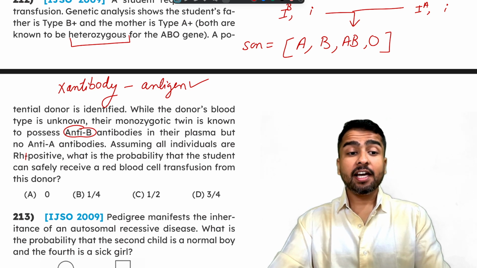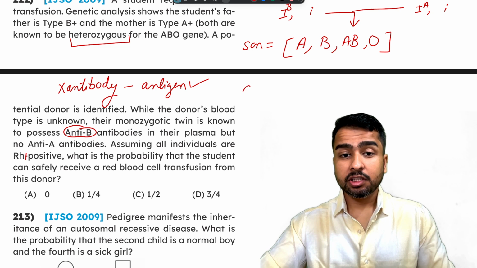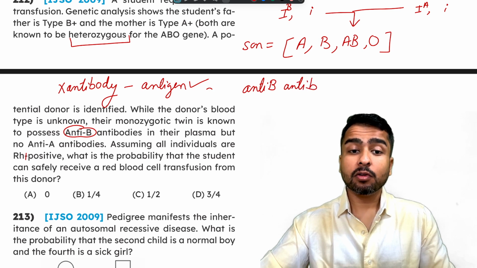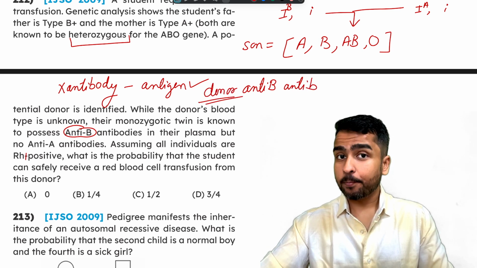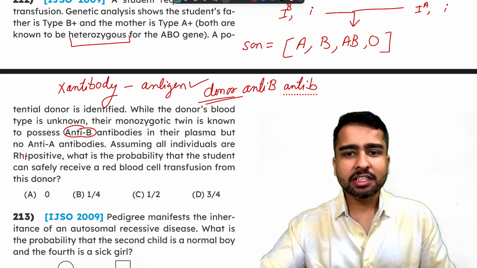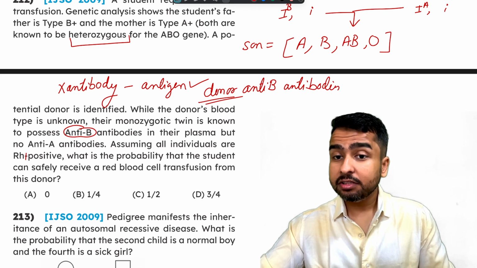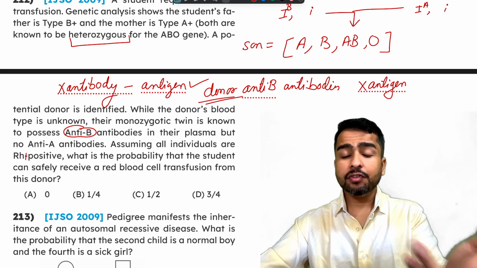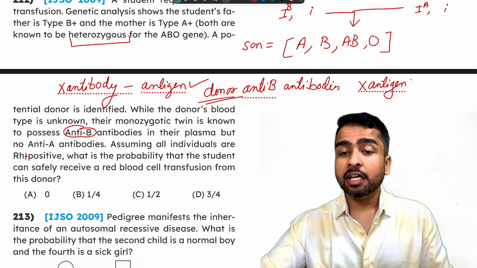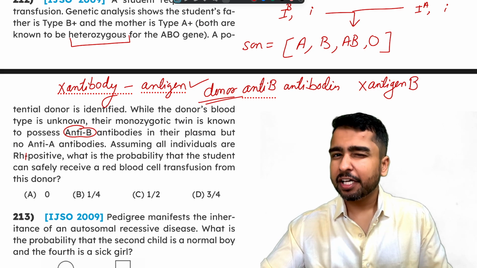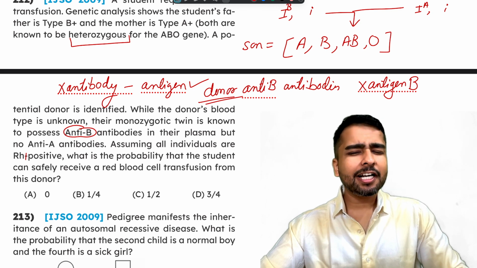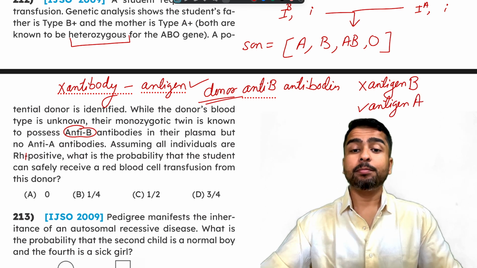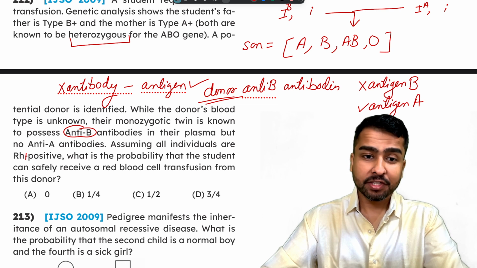Now, this guy has anti-B antibodies, and remember, we are talking about the donor right now. If he has anti-B antibodies, that means there is no antigen B. And if antigen B is not there, that means most likely the person will have antigen A, right?